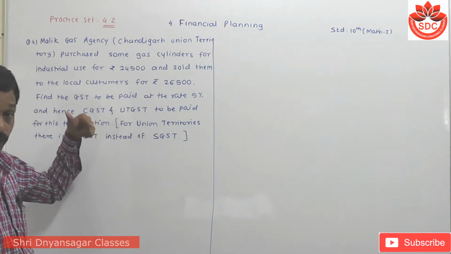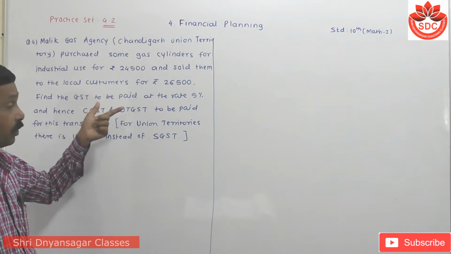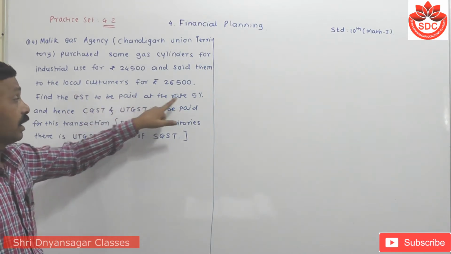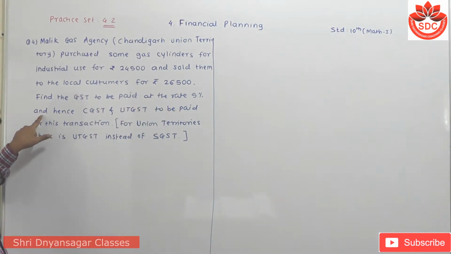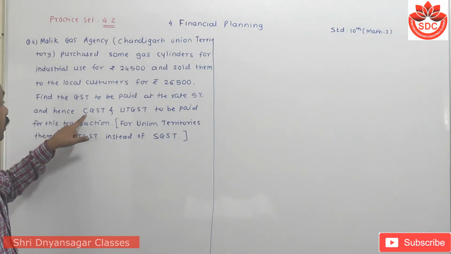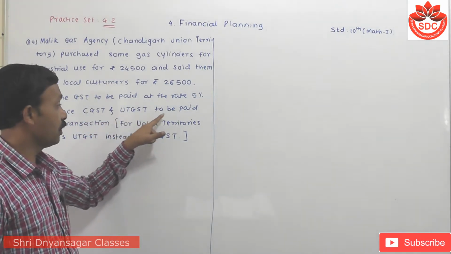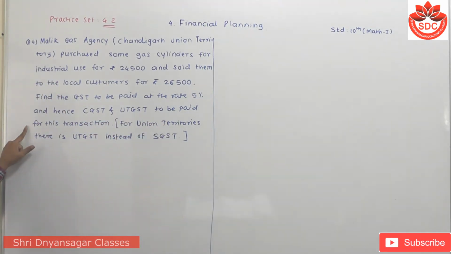In that, first you have to find the input tax and output tax at the rate of 5%, and hence the CGST and UTGST to be paid for this transaction.